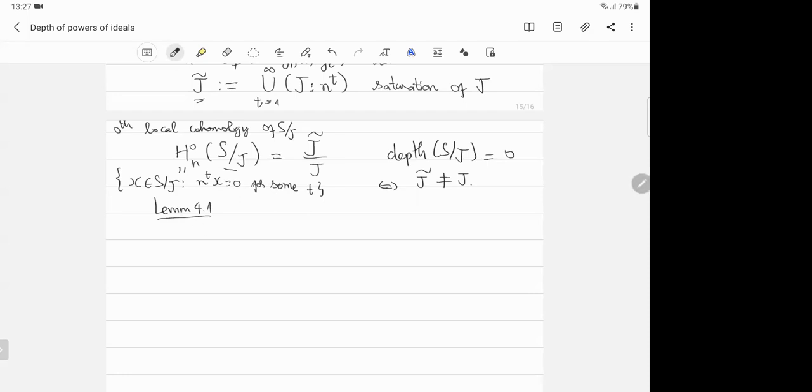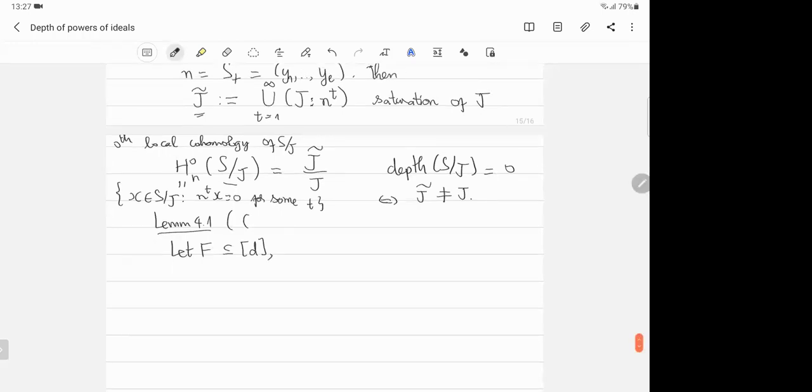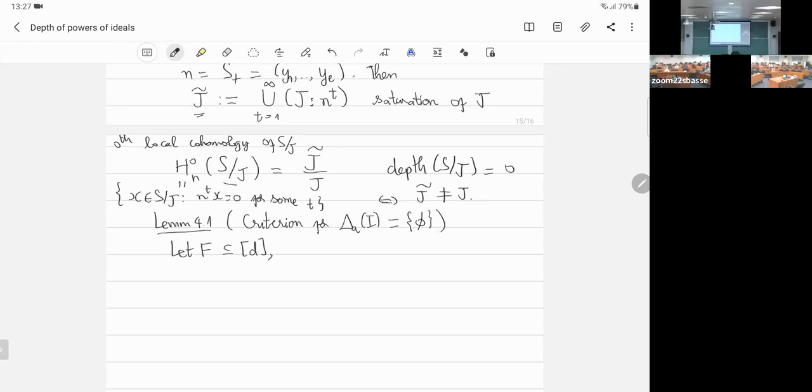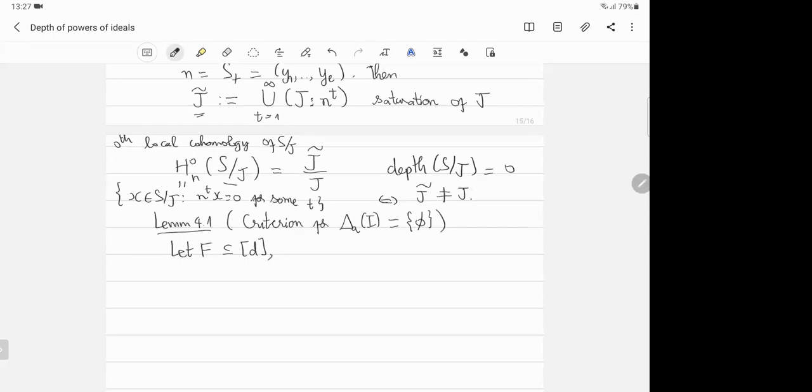Okay, so you can prove the following. Now F is a subset of D. This is a criterion for when the depth of the Stanley-Reisner ring is 0: the depth is 0 if and only if the saturation of the ideal J is different from J. Depth 0 means that the zeroth local cohomology is non-zero.